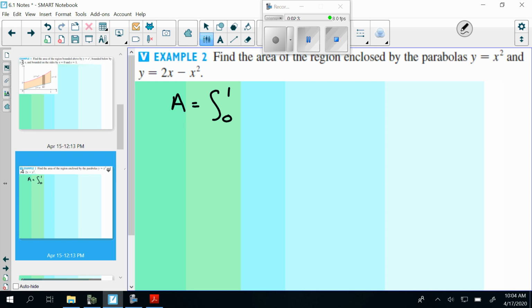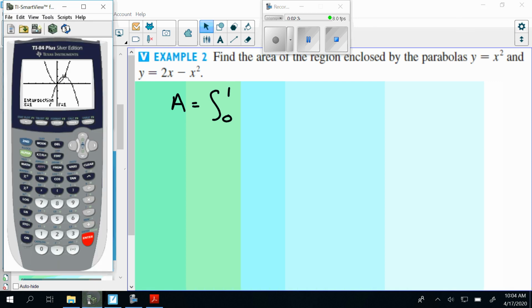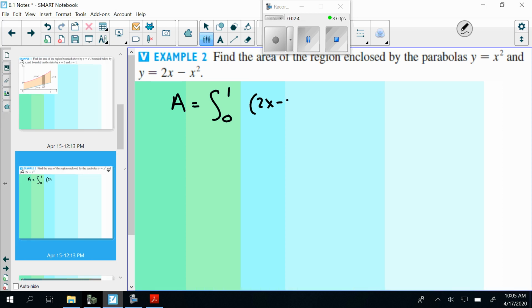Okay, so once you've got those, you do have to know some of the stuff we talked about again. You want to take the equation of the graph on top minus the equation of the graph on bottom. So in this case, we have this 2x minus x squared graph minus this other one, and if we integrate that, that should give us the area between those two curves.